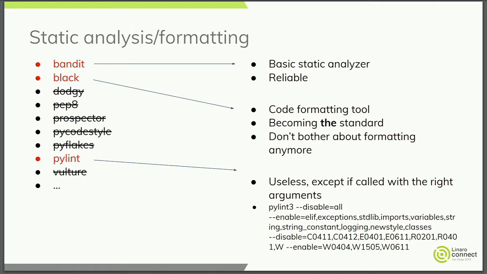The last one is PyLint. For a long time, I thought that PyLint was honestly completely useless. That's my opinion. But recently, I looked at the documentation, and there are a lot of options that you can give to PyLint. And this is the command line that I'm using currently for all my Python projects. It's just not really nice to look at. But this is enabling some tests that are disabled by default, and disabling a lot of things.